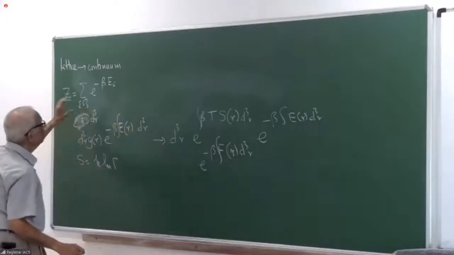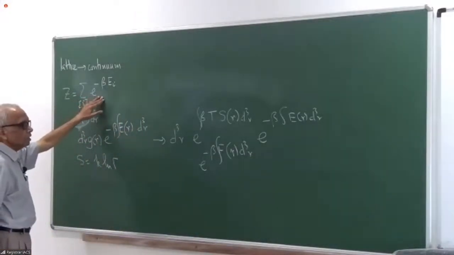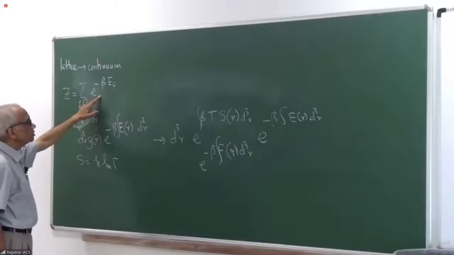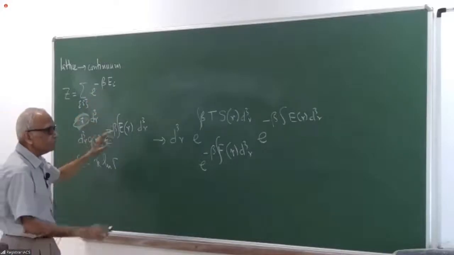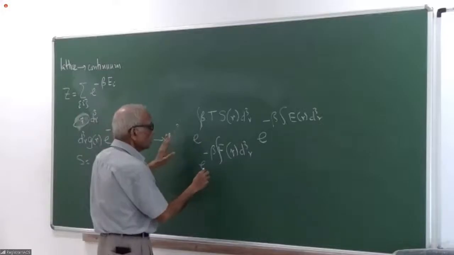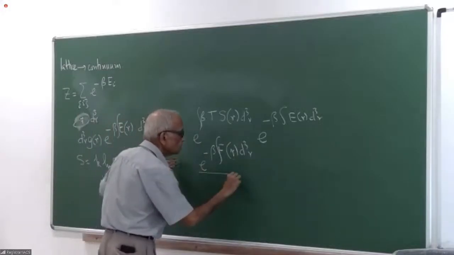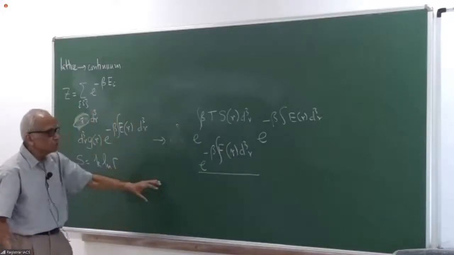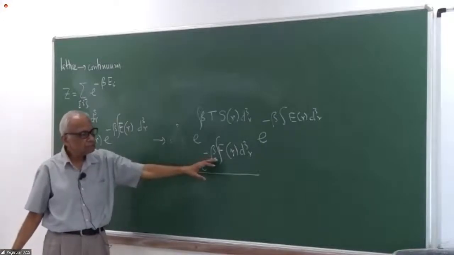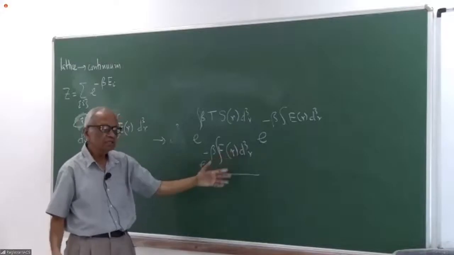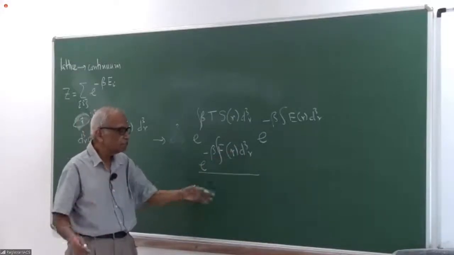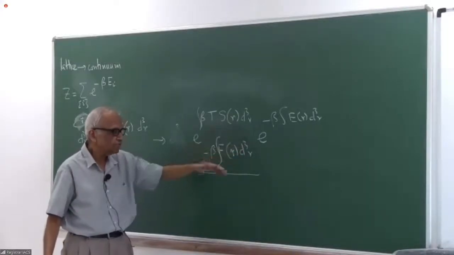So from the sum over all configurations of e to the power minus beta E_i, I have come to this part over here, which is e to the power minus beta integral F(R) d3r. If it's a d-dimensional space, it would be d^d r.